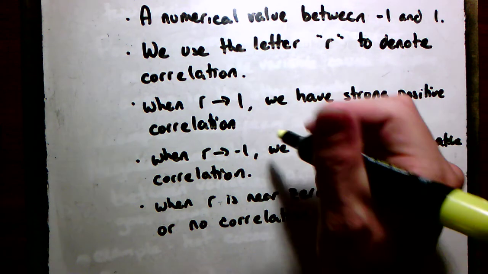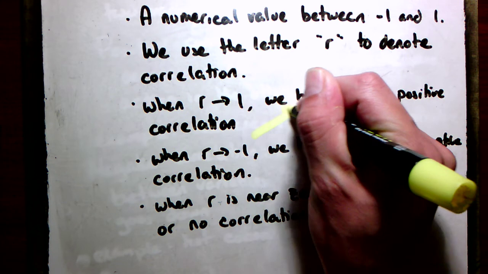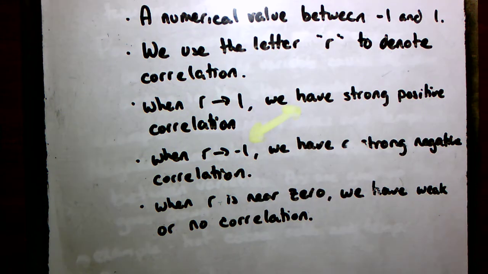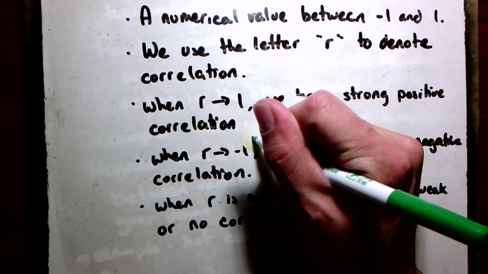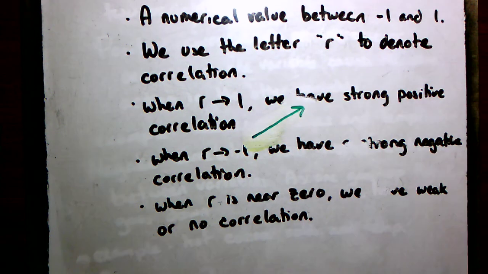For R is +1, we get this increase from left. Oh, that's not a very good one. Let me see if I have a better one. We have this increase that goes from left to right. Okay.